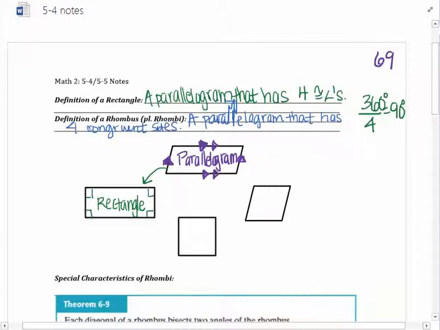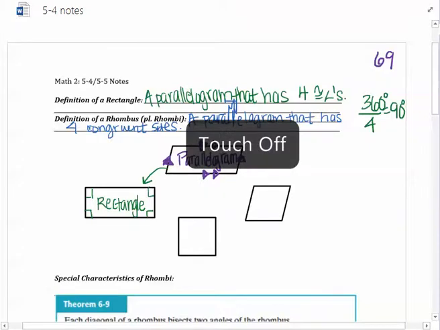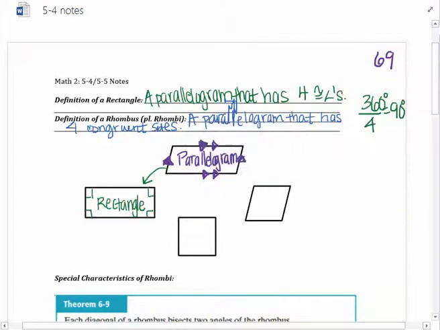So we know that the opposite sides are congruent in a parallelogram, but they're not all congruent. So when I say 4 congruent sides, we're saying all 4 are congruent. Now that doesn't mean it's a square, because the angles may not be right angles. It's more of a diamond shape. Okay, so here is our second special one, the rhombus.